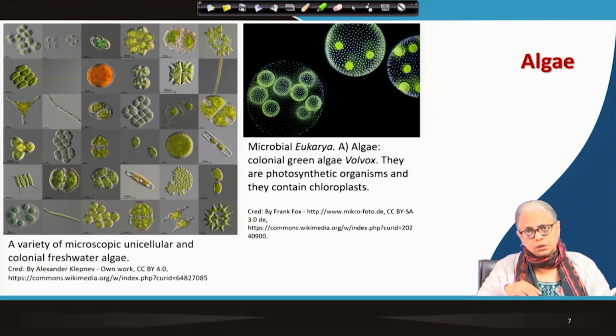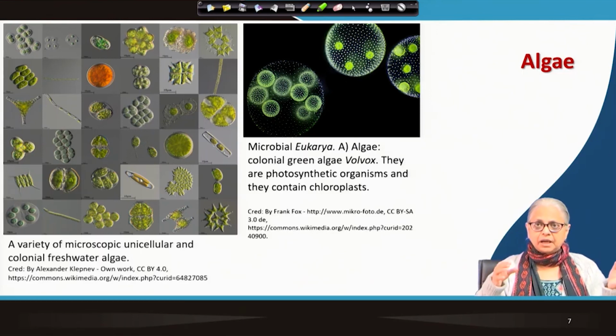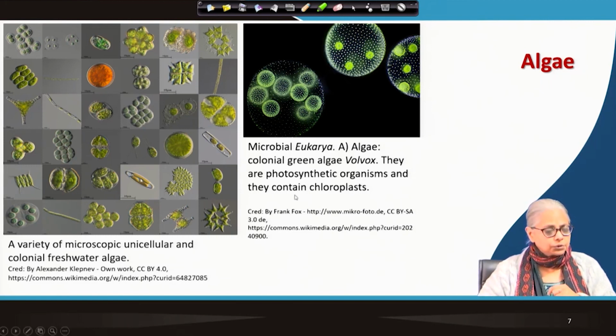You can have unicellular forms, which are called microalgae, and you have colonial algae as well. So you can see several examples. This is all from Wikipedia. So you can see several examples here of both unicellular algae as well as multicellular algal cells.